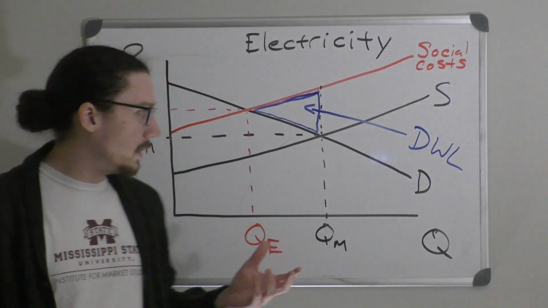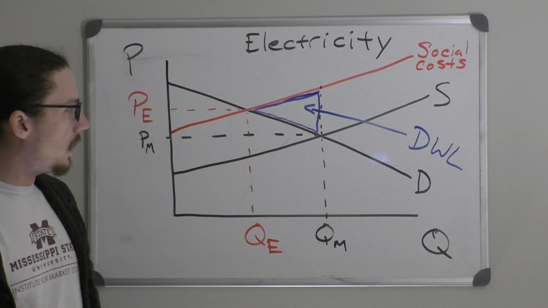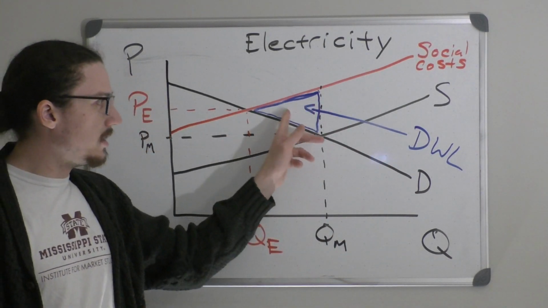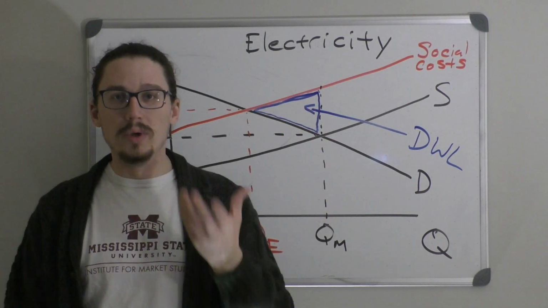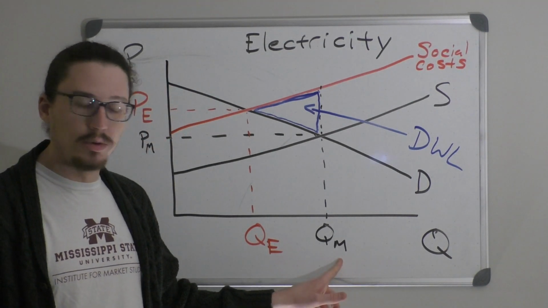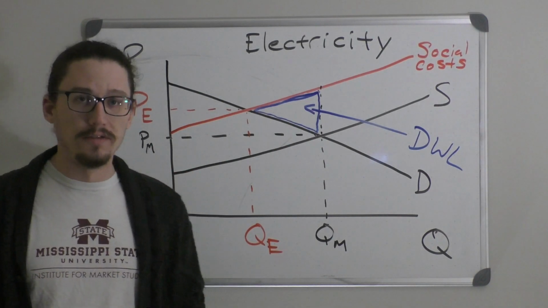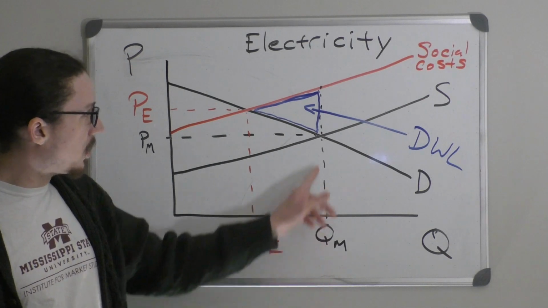In this context, the deadweight loss is the loss in surplus, consumer and producer, so total surplus, or as we're calling it in this section, social surplus. This is the loss in social surplus that we would have if we produced at the market equilibrium versus this socially efficient equilibrium.